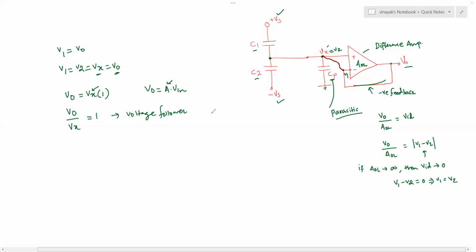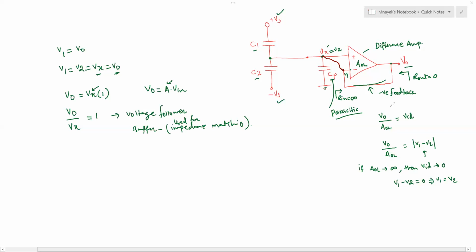The use of this circuit is as a buffer for impedance matching. The feature of this circuit is that the R in of this circuit is ideally infinite and practically very high, and the R out of this circuit is ideally 0 and practically very low.